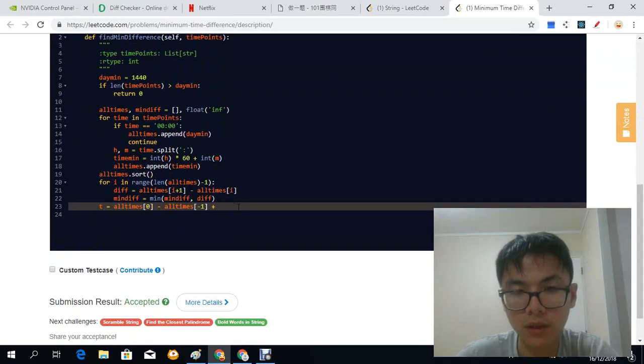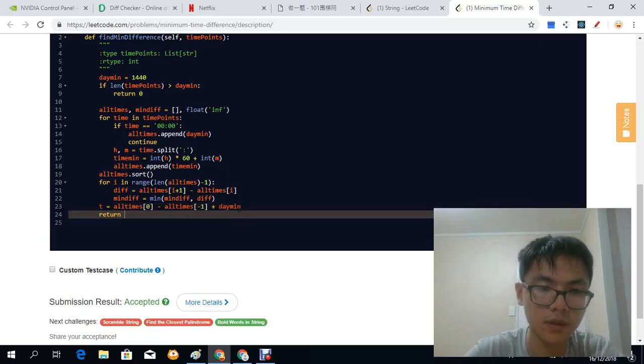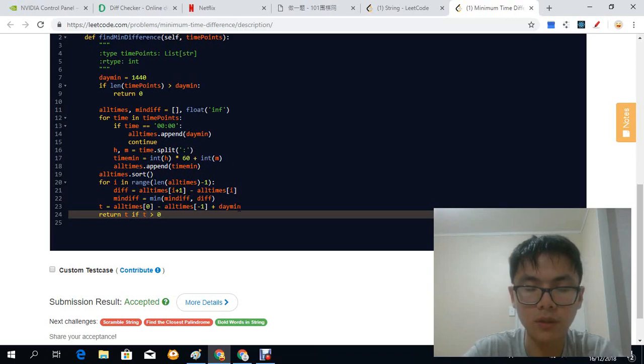Therefore, we need to check this. So after this, now we can start to return. If this t is bigger than 0, usually it will be, but usually it won't. Smaller than the minimum difference. Else we will just return the minimum difference, of course.